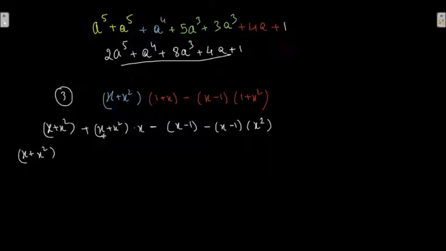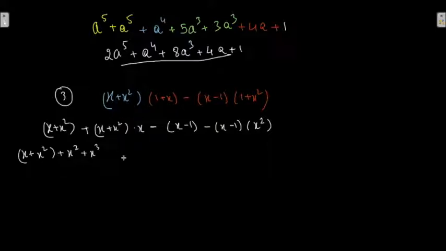Now this x will get multiplied by this and this x will get multiplied by x square. So it becomes plus x. When we say x into x, it becomes x square, and x square into x, it becomes x cube or x raised to power 3. So we have solved this.